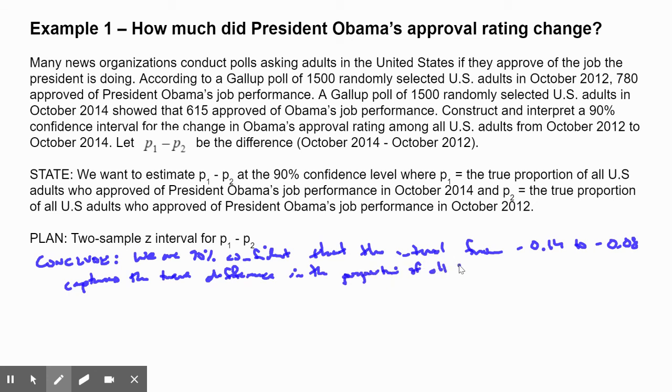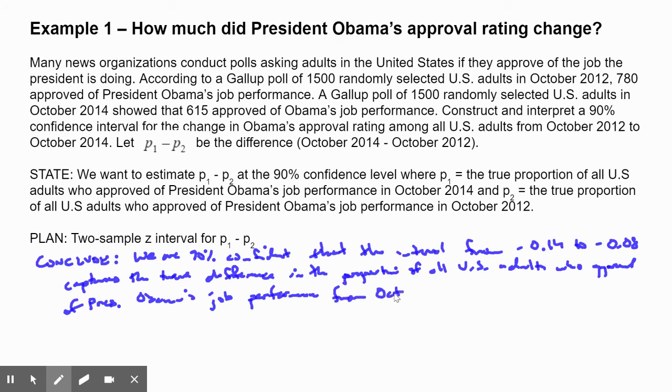of all U.S. adults who approved of President Obama's job performance from October 2012 to October 2014.